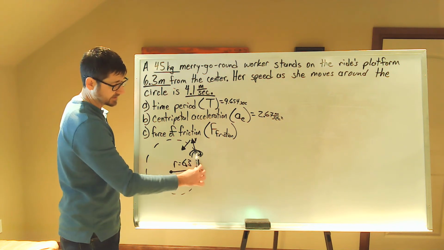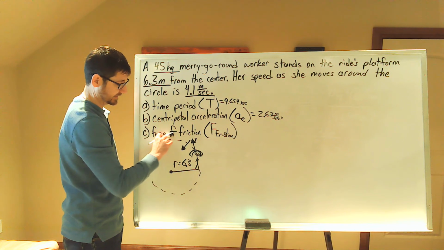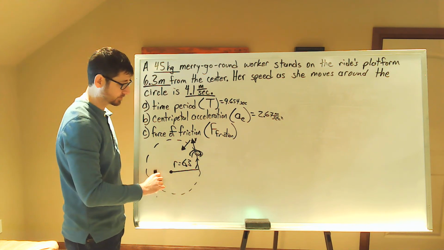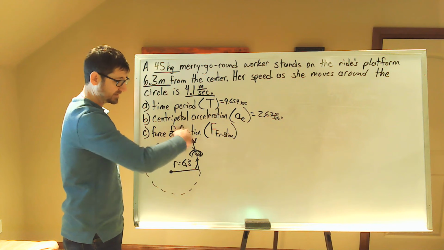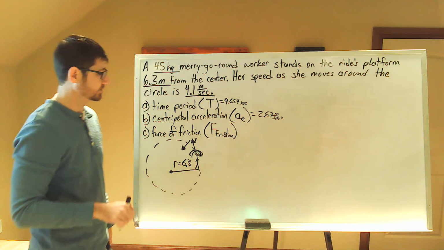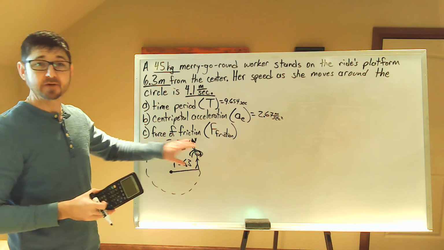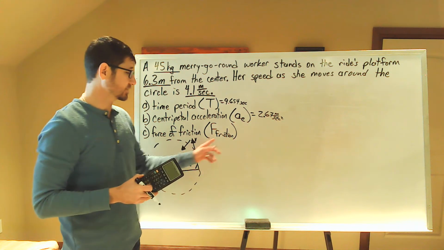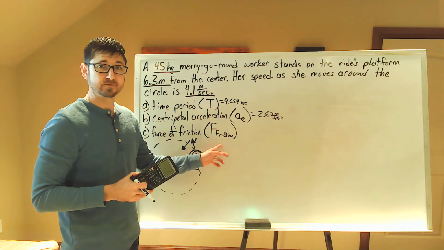So it causes the object to continuously turn into the circle. So this object is always making a turn and accelerating towards the center of the circle. Now the agent of the net force in this situation is the force of friction.